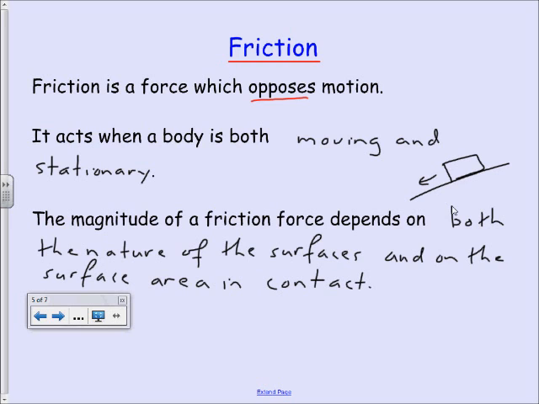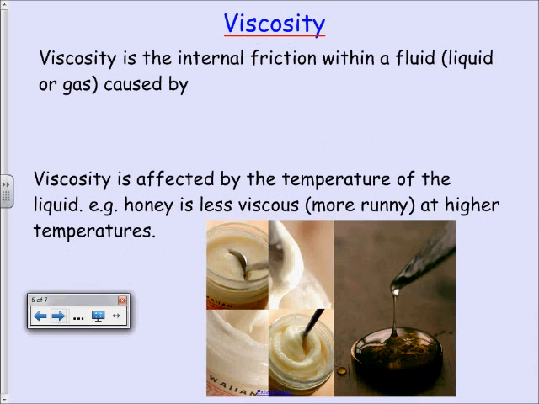So think about pushing something across a nice smooth surface versus pushing it across a rough surface. Think about having a small surface area in contact or a large surface area in contact. It's going to affect the size of the force of friction that's acting.